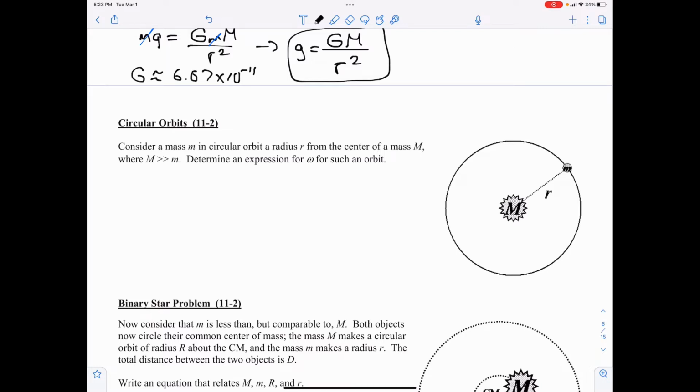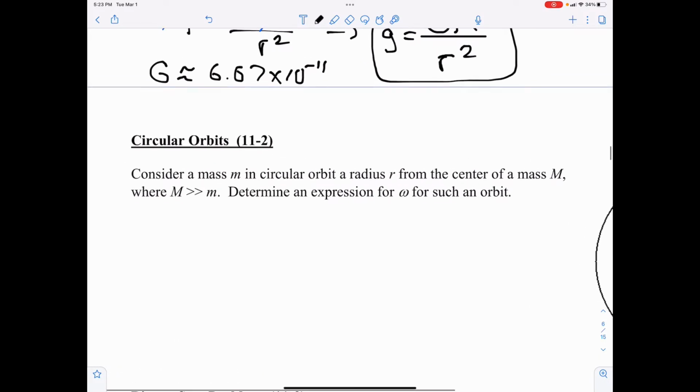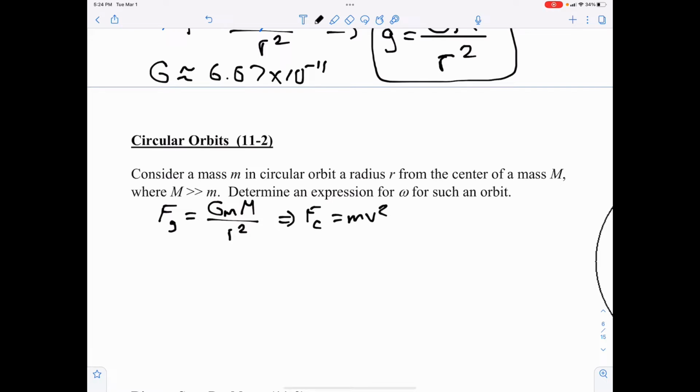What we can say is that a gravitational force, which is big G, little m, big M over R squared, is a centripetal force, which is mv squared over R.